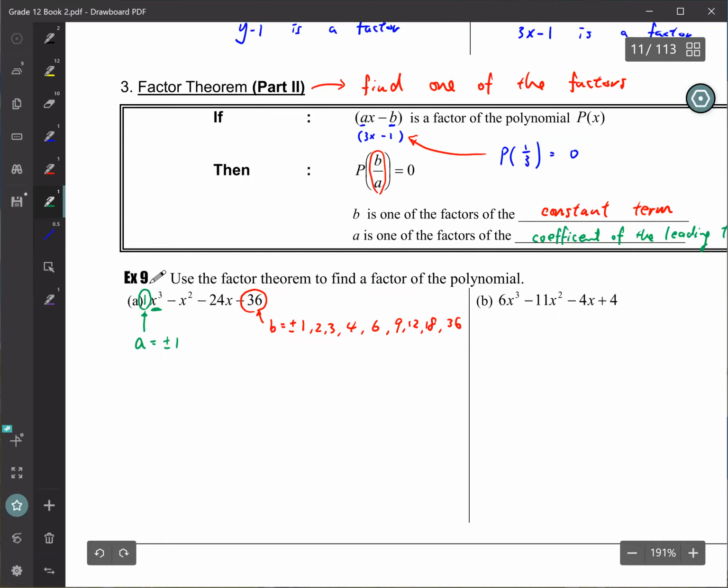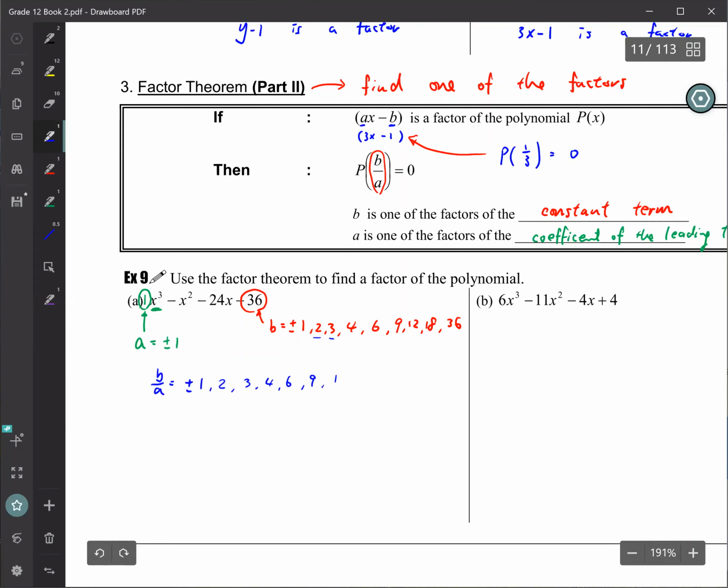So the b over a will be all the combinations. You look at the b: plus minus 1 over plus minus 1, so that will be plus minus 1. And the next one, 2 over 1, b over a. And then 3 over 1, 4 over 1, 6 over 1, 9 over 1.